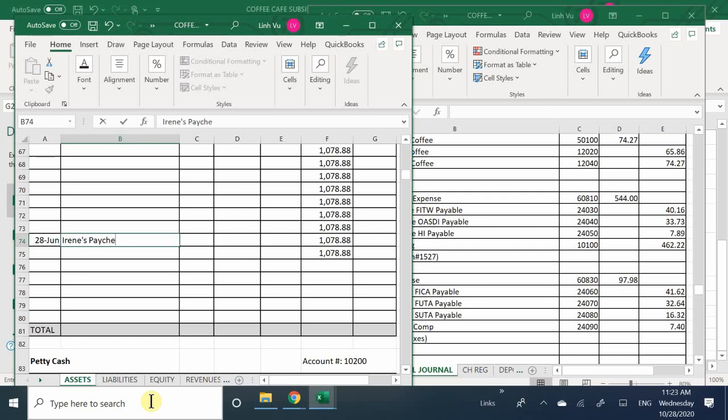I'm not so sure. Do you have to put the entire amount prior to that or after deductions already? How much did we write the check out for? The check was for 462.22. That's where I got confused.